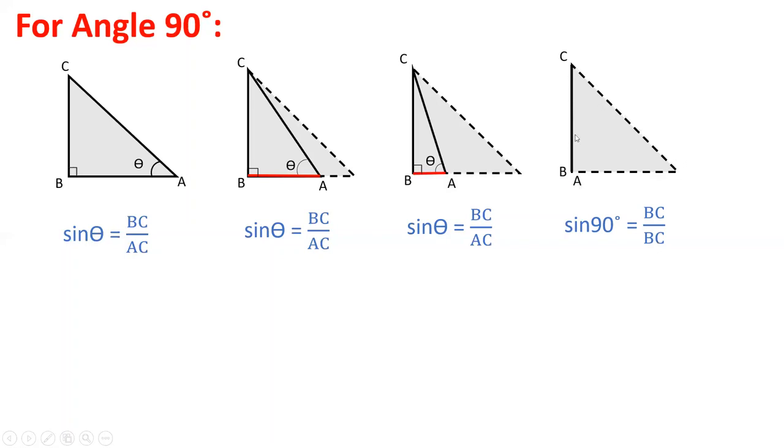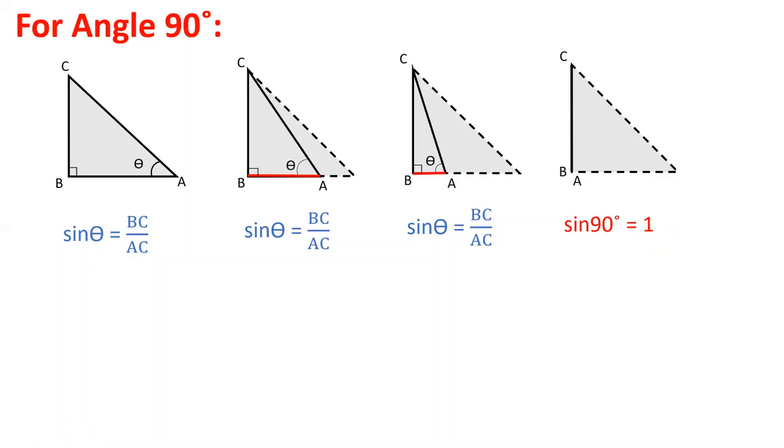But this AC is now overlapping on what? BC, correct? It is falling on BC here. So this BC, instead of AC, what I have written here? BC I have written. See, here it was AC. So instead of AC, I replaced with BC. Now BC and BC are same, we can cancel easily. And finally we get sine 90 degree, which is equal to 1, right?